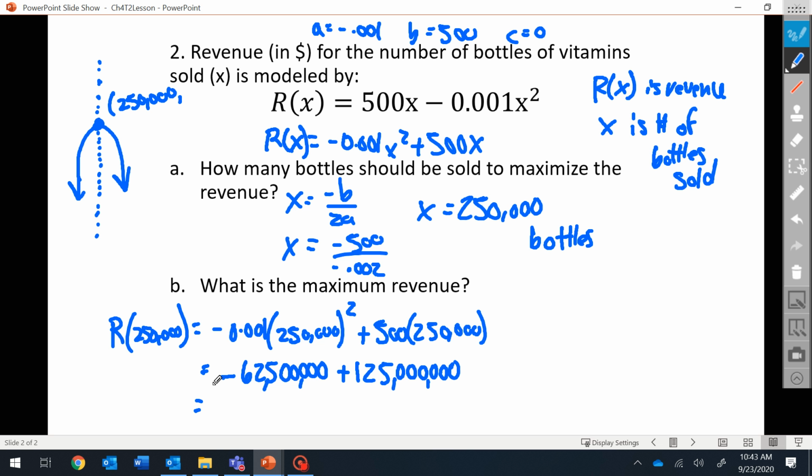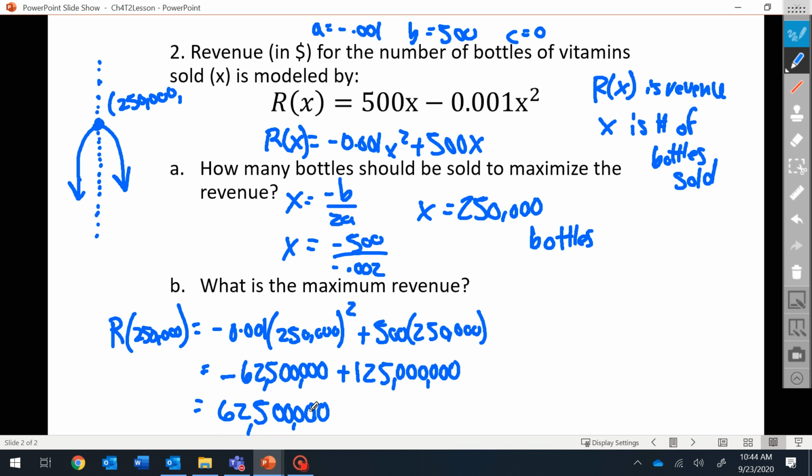So let me just double check that. 125 million minus 62.5 million gives me 62,500,000.